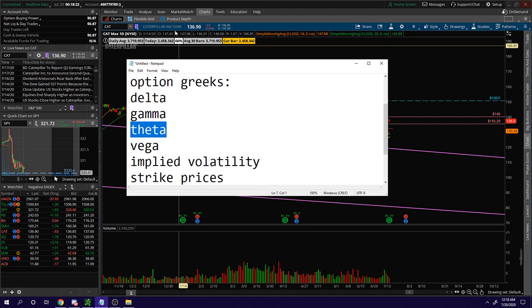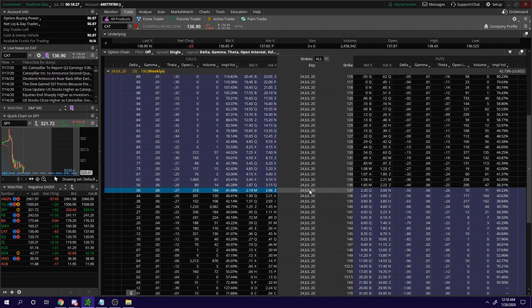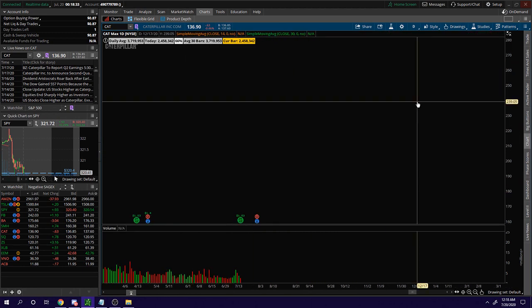We'll start with delta. It's the simplest concept. Before we get into the Greeks, this will make a lot more sense too: in the money, at the money, out of the money.